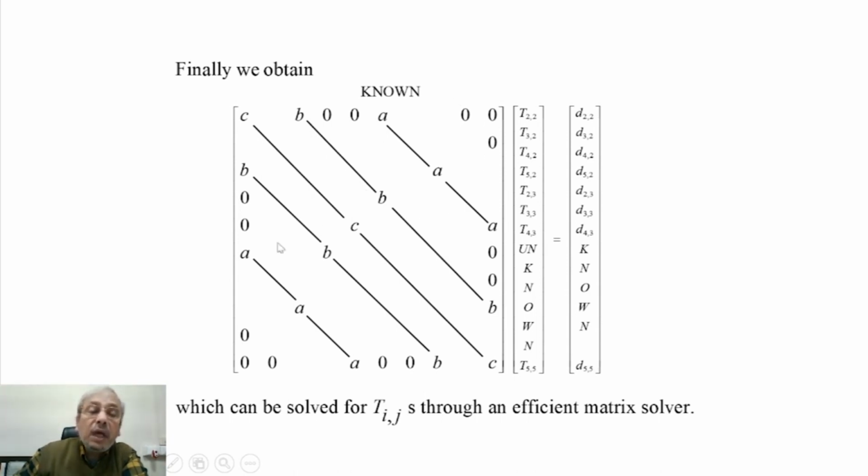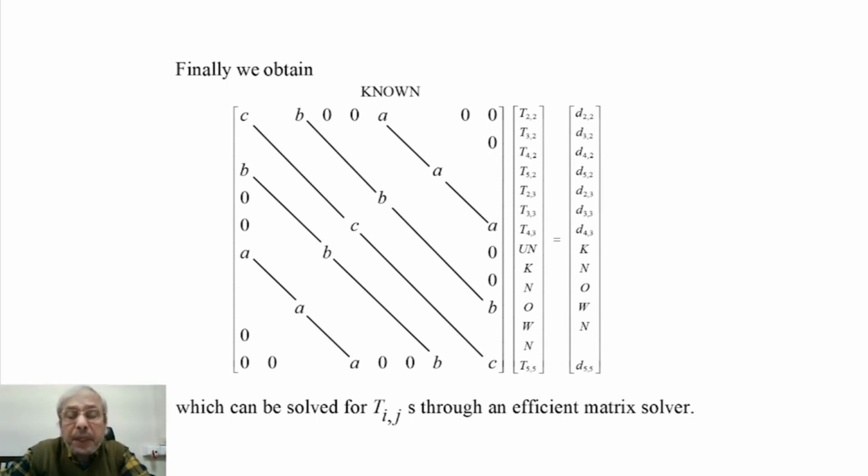All the remaining elements will be zero, and these are called sparse matrices. We have already seen that if we get a tridiagonal matrix, the solution technique is very easy. We can use the Thomas algorithm.